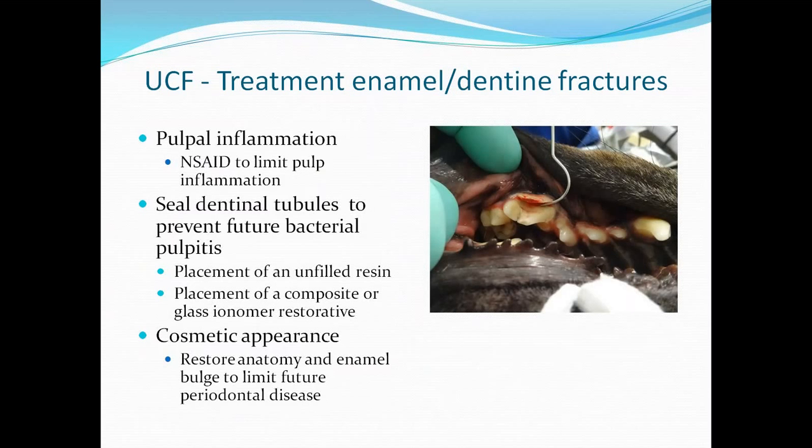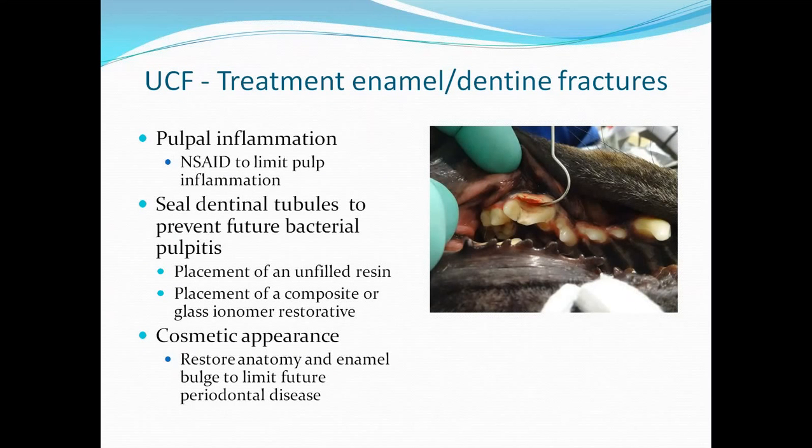Treatment involves three main areas. Again, the most important factor is to try and decrease the inflammation using a non-steroidal to limit pulp inflammation, because if the pulp becomes inflamed, it swells up, cuts off its own blood supply, oxygenation, and then becomes necrotic, and then there's a high chance of getting a granuloma or an abscess.